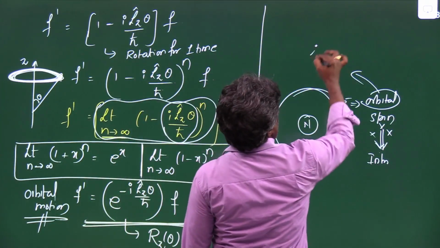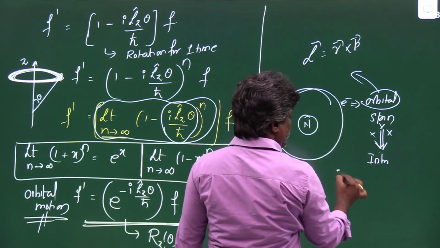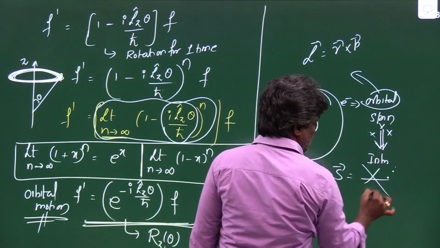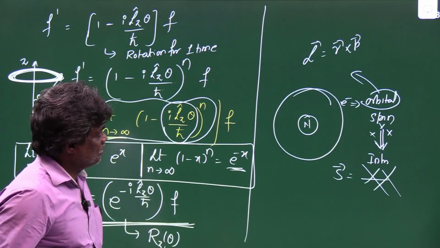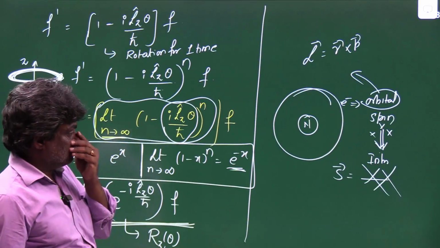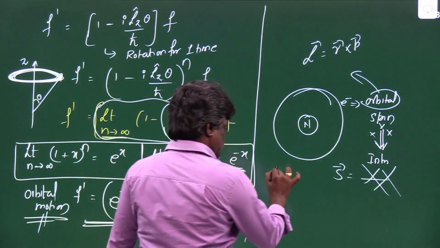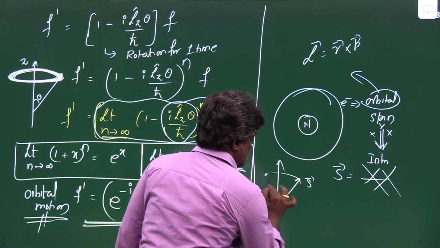We easily define orbital angular momentum equal to what? r bar cross p bar. Like that, an S bar formula is not there.